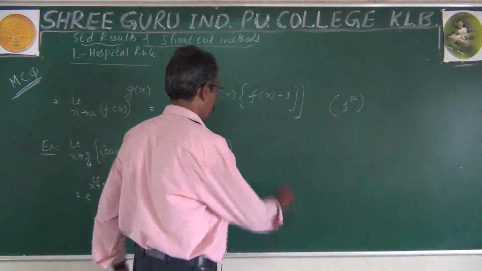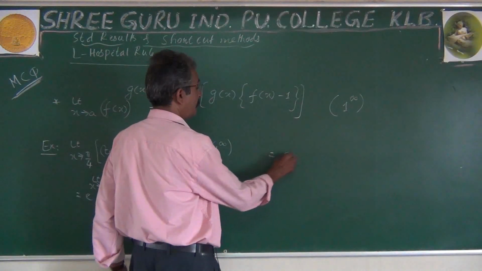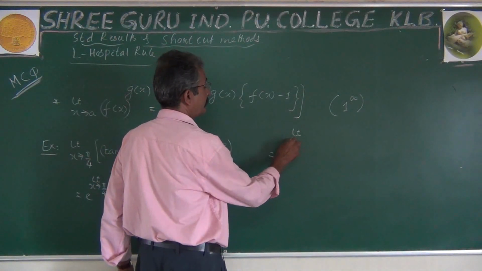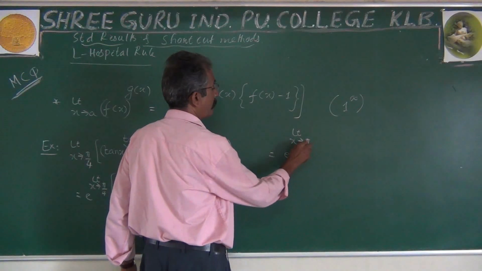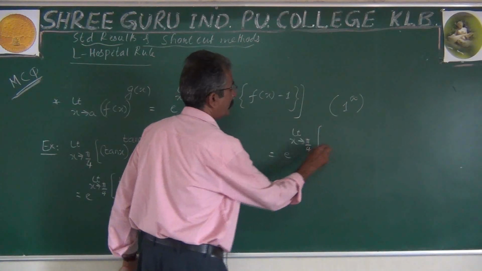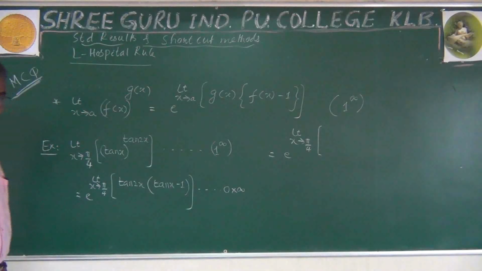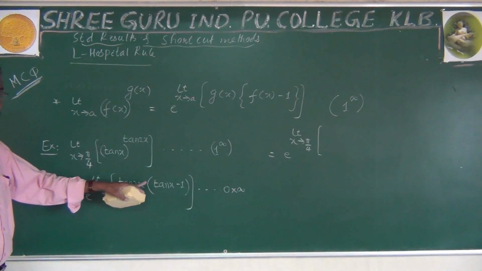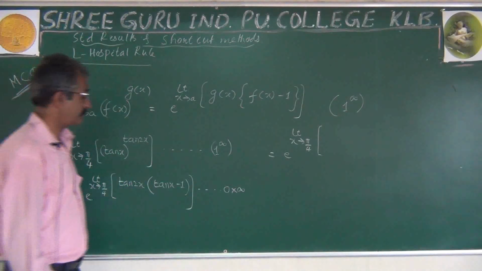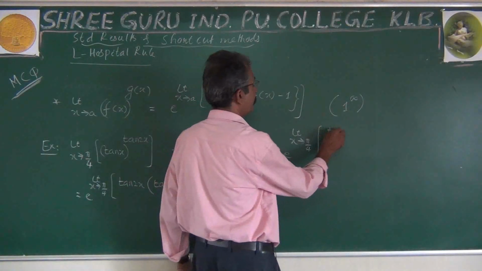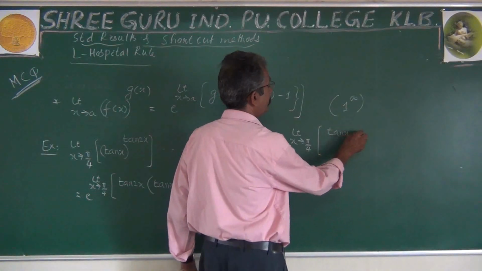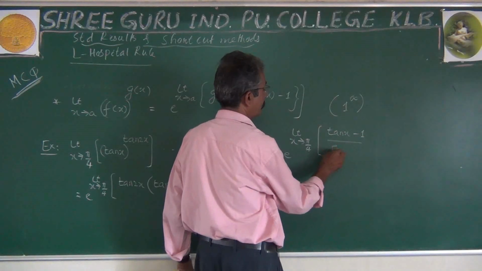For that, e power limit as x tends to pi by 4, I will write tan 2x as 1 divided by cot 2x. So it is tan x minus 1 divided by cot 2x.